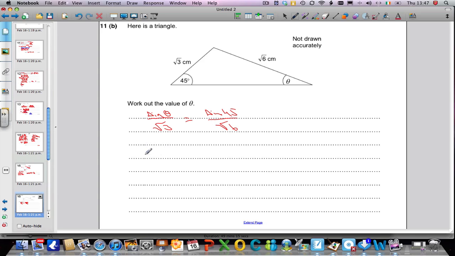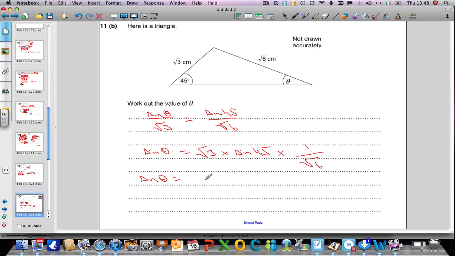Okay, sine of theta, I'm going to multiply both sides by root 3, must be equal to root 3 multiplied by sine 45. And instead of writing all divided by root 6, I'm just going to write it as multiplied by 1 over root 6. It's exactly the same thing, but you'll see why shortly.